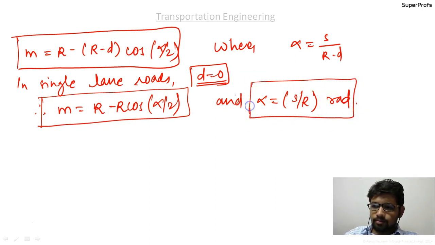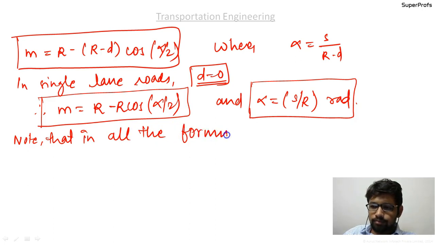Okay, guys, so note that in all the formulae, m is the distance from the center line of the entire road. Please write it down, very important, because later on you make mistakes. I'll dictate now. Note that in all the formulae, m is the distance from the center line of the entire road.